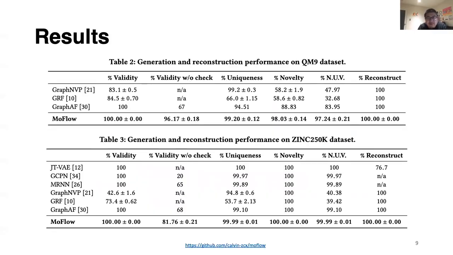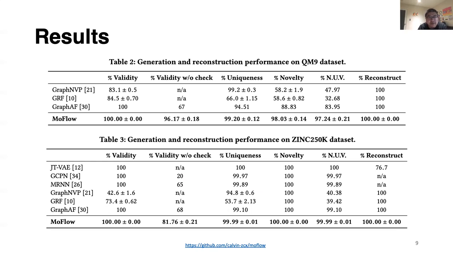We use several indices, including validity without correction, validity with correction, uniqueness, novelty, and we also developed a novel index, which is a multiplication of novelty, uniqueness, and validity, N.U.V., which can serve as a more comprehensive index to represent how good the algorithm can design a molecule, and also the reconstruction rate.